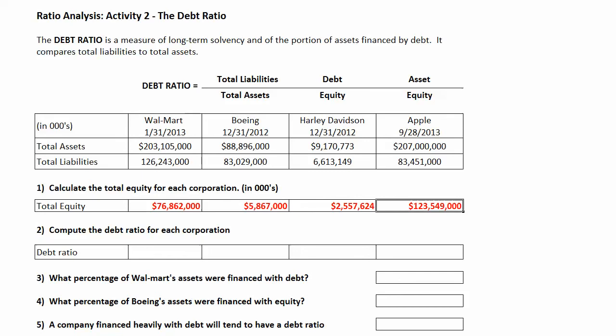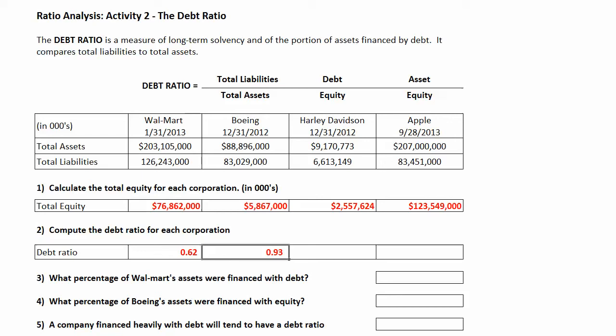We want to compare the amount of debt or equity we have to the amount of assets, and that's what our debt ratio does. The debt ratio for the Walmart Corporation is 0.62. We calculate that by taking the $126 billion in liabilities divided by $203 billion in assets. So Walmart is financing every dollar of assets with 62 cents in debt and 38 cents in equity.